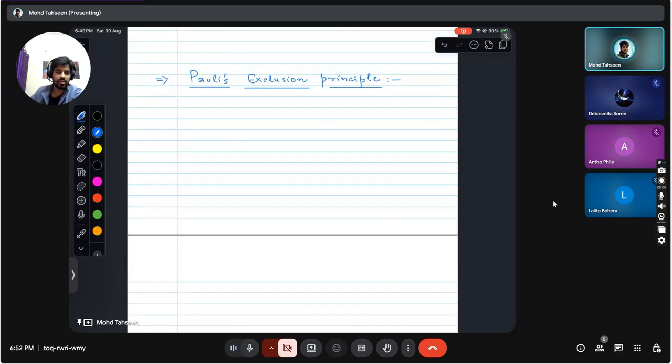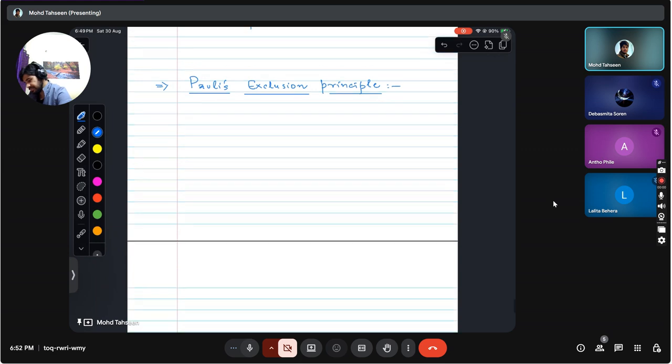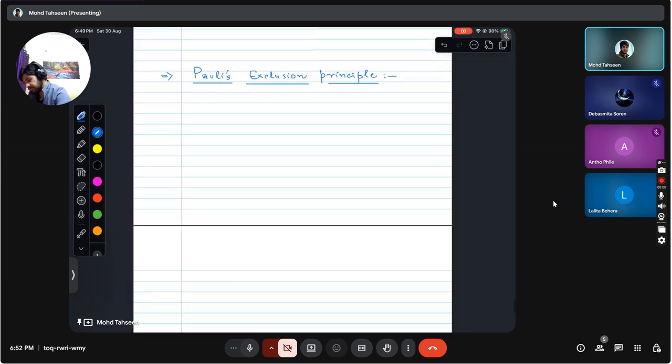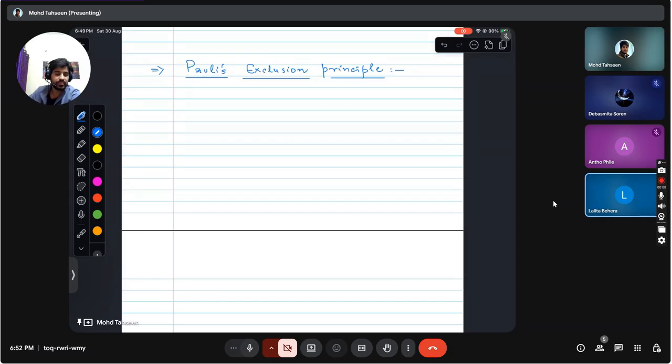You already know some version of Pauli's exclusion principle. What does this principle say? Any ideas? Yes, Lalita.